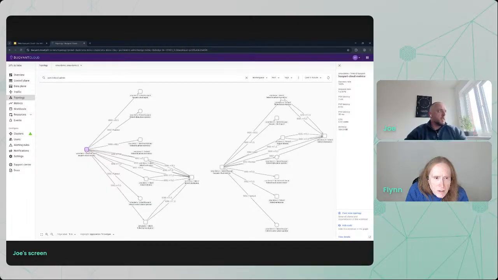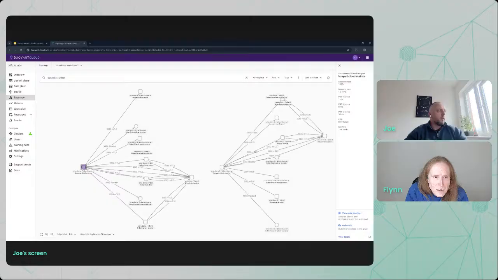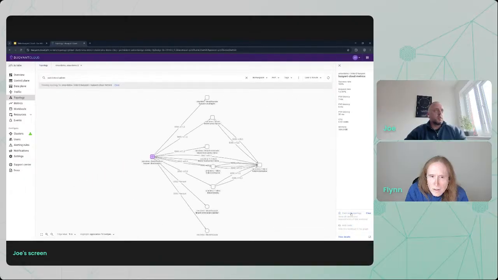It gets very messy very quickly, but you can move them. If I pick one that's not going to make too much of a mess, you can move them, and you can click on a node and filter on that particular node, so we'll just have a look at that one. Alternatively, you can hide them as well.